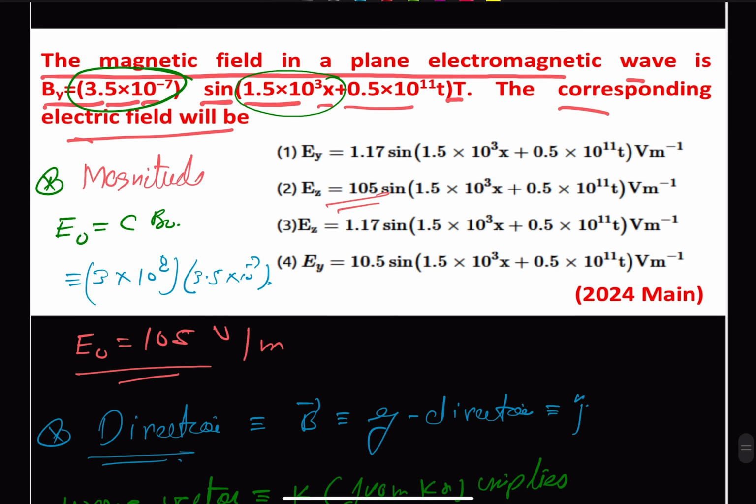So for option number 2, this is E of z, which basically means it is going to have a k unit vector. And similarly it is given as B of y, so it will be associated with a j unit vector. So option 2 is correct.